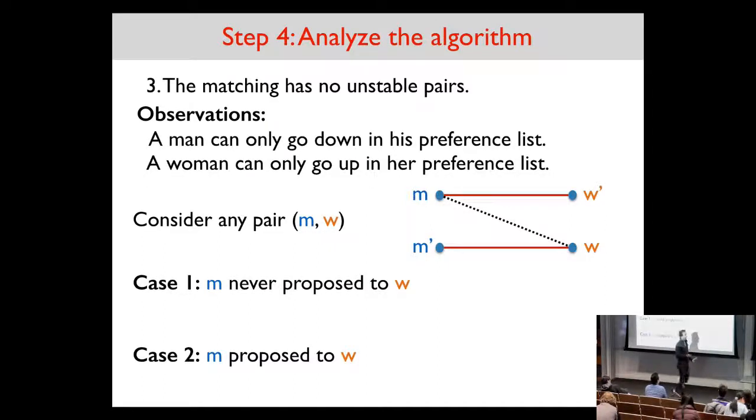Now there are two cases here. The first case is M never proposed to W in the first place, and case 2 is M did propose to W. Let's see what happens in each case. What happens if M never proposed to W? Just keep in mind that M can only go down in his preference list as he's proposing.